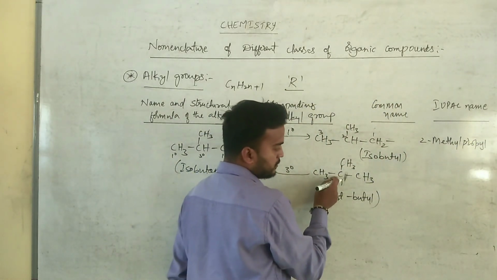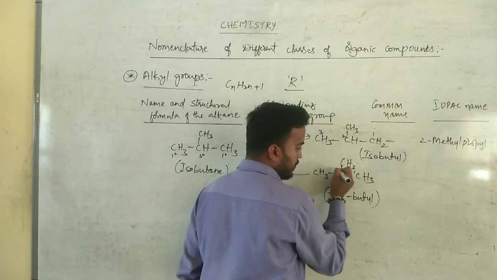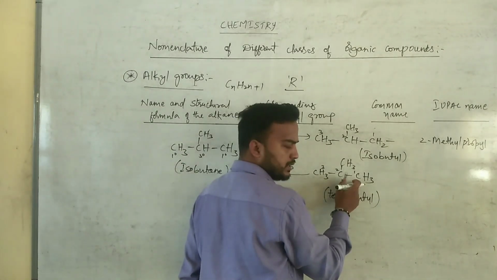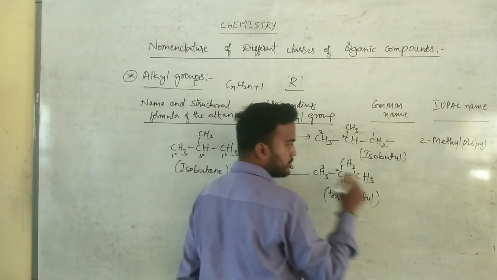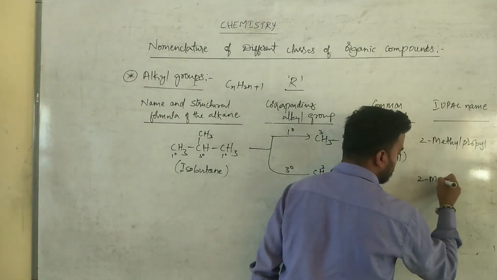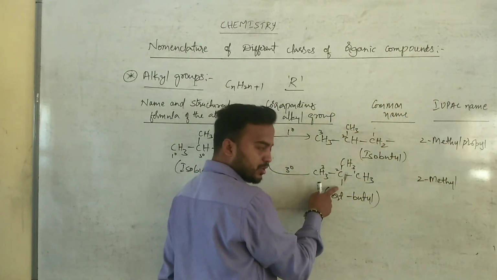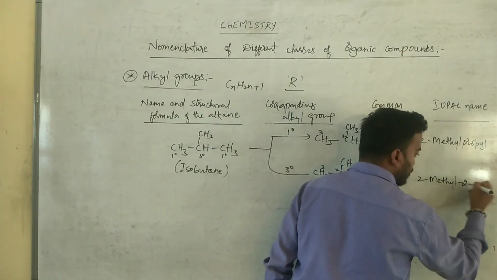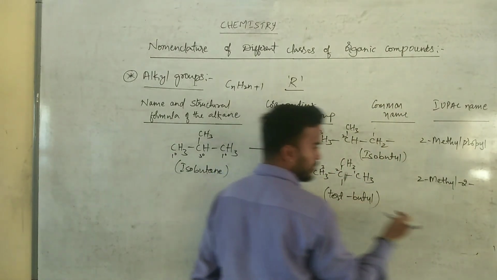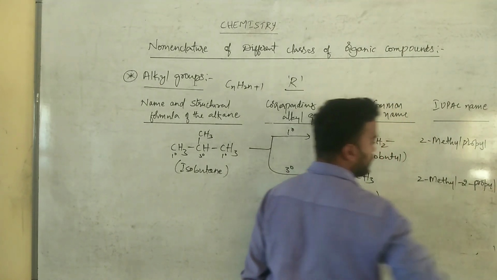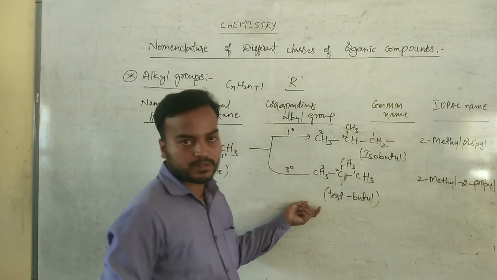Next, we can do the numbering from this side, 1, 2, 3, or from this side. 2 methyl. Next, a substituent can come at position 2. The number of carbon atoms is 3, propyl. 2 methyl 2 propyl is the IUPAC name for this compound.